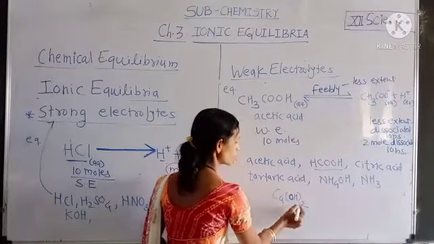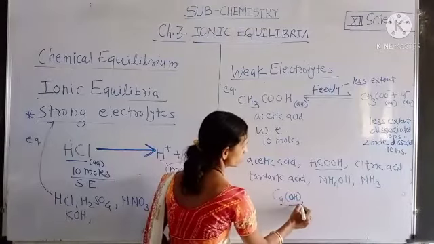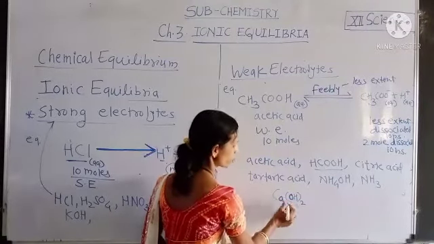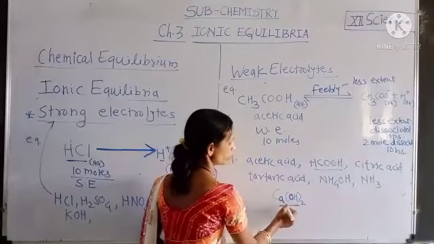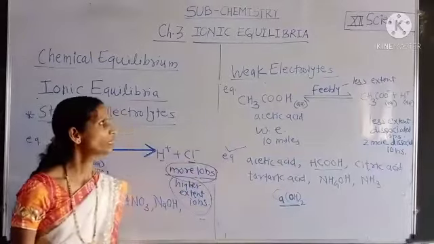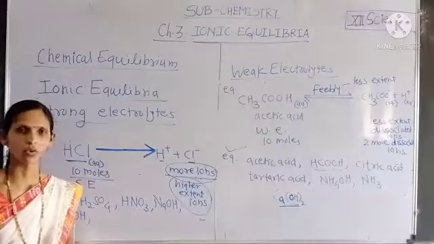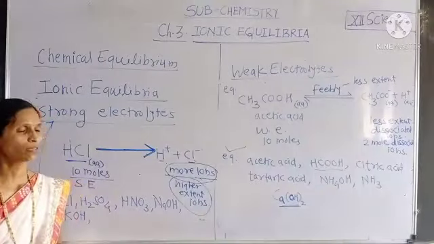These are a few examples of weak electrolytes, and there are a few examples of strong electrolytes. That is about the different types of electrolytes. Then we will discuss the extent of dissociation of any electrolyte in the next lecture.